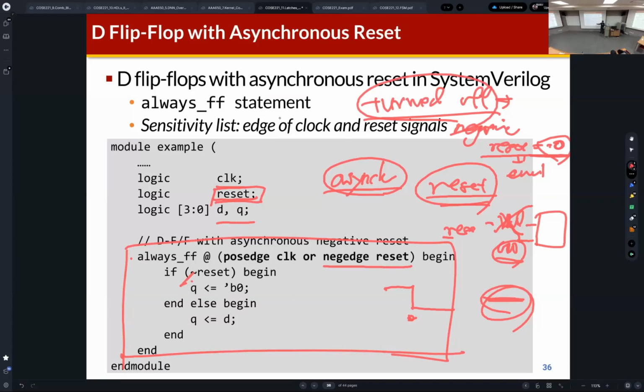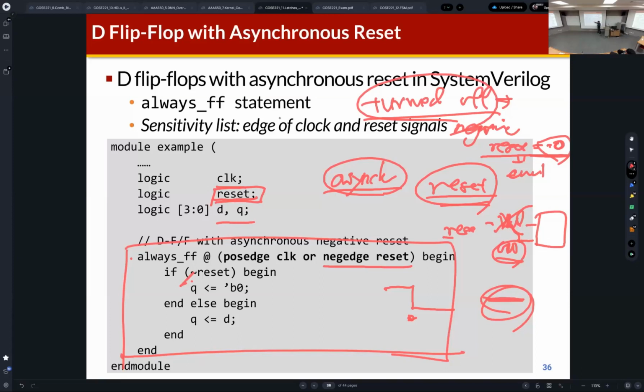As I mentioned, we need to define reset state in electric devices or digital devices. But in order to implement reset state, we require a resettable flip-flop. So we frequently use asynchronous negative reset in our digital systems.